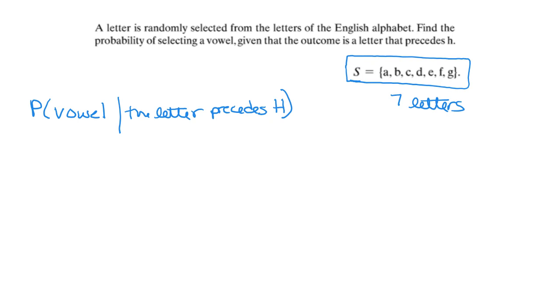The vowels in there are A and E. So we have 2 vowels out of the 7, which gives me 2/7 would be the probability of having a vowel given that the letter precedes H. So 2/7 is our result.